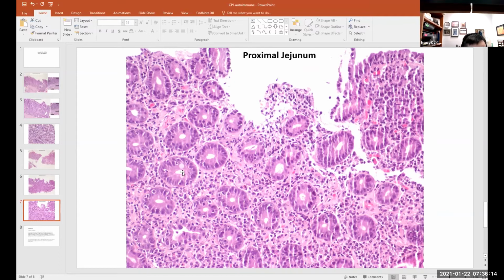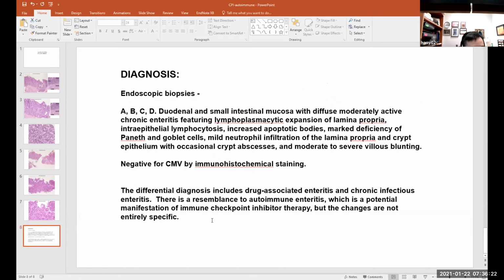Maybe only one or two goblet cells are left there. So again, this mimics autoimmune enteropathy. That's why we put this line here: this resembles autoimmune enteritis. Considering the patient's history of the checkpoint inhibitor, it could be induced by the checkpoint inhibitor.